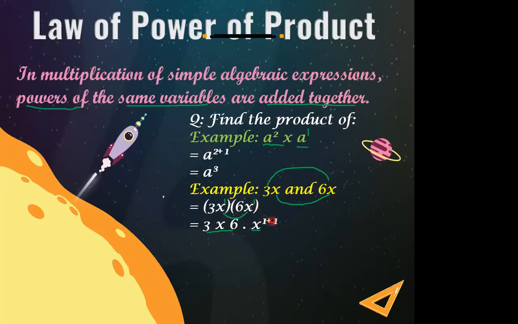So 1 plus 1, what will it be? 3 multiplied by 6 is 18, and for x, 1 plus 1 will be 2. So the answer will be 18x squared. What will be the answer? 18x squared. Very good, Miram. Onshir, your answer was wrong. Let's take another example here.